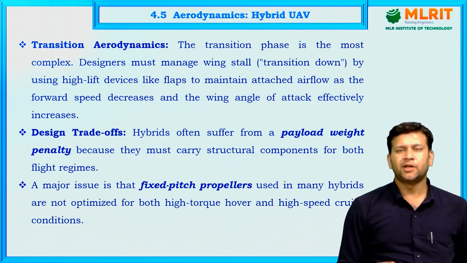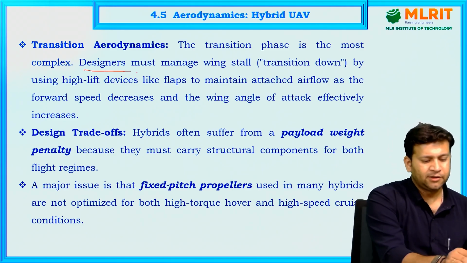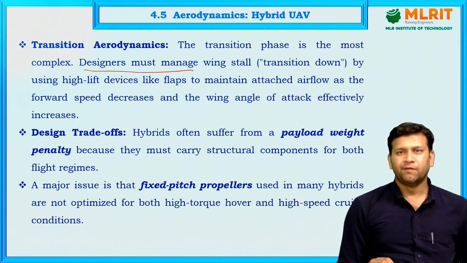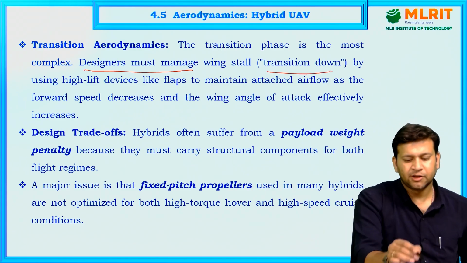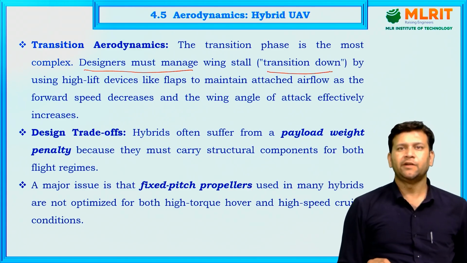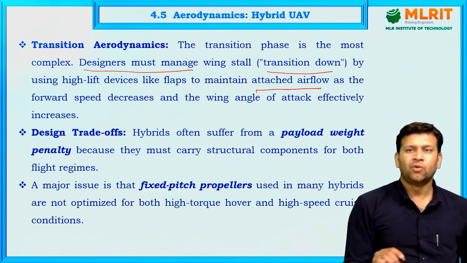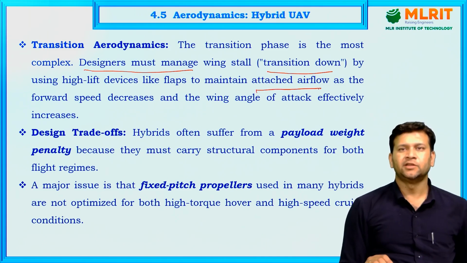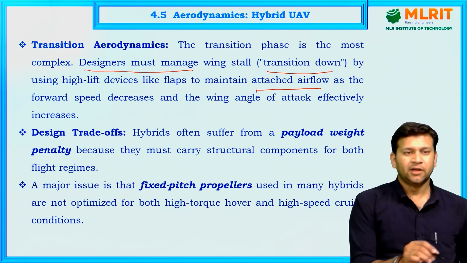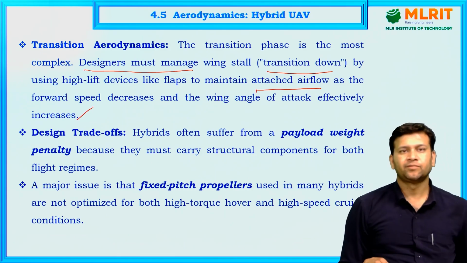The transition aerodynamics. The transition phase is the most complex. Designers must manage wing stall, that is transition down, by using high lift devices like flaps to maintain attached airflow as the forward speed decreases and the wing angle of attack effectively increases.